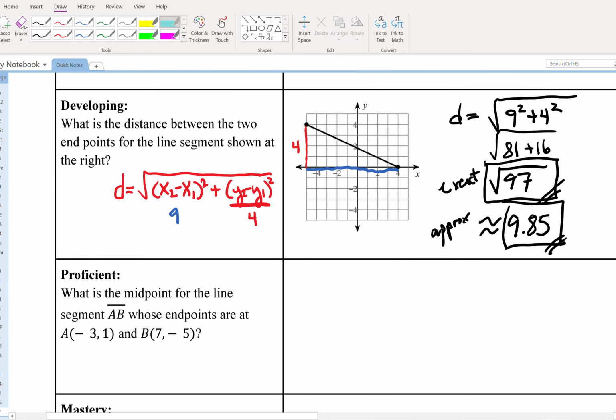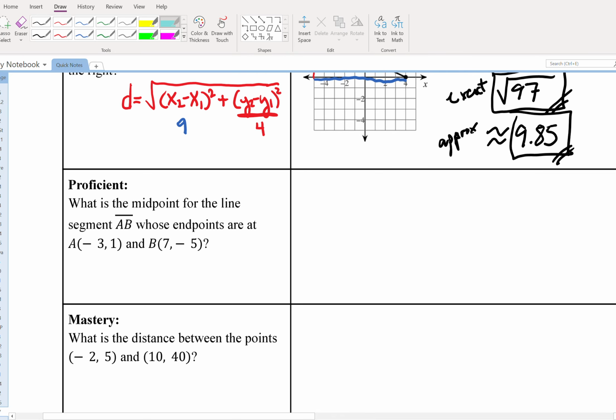All right, let's move on. This next one was one that I said we're going to do with the coordinates. So basically the midpoint is the average of the coordinates. So pretty straightforward here. Here's my x sub 1 and my y sub 1. Here's my x sub 2 and my y sub 2.